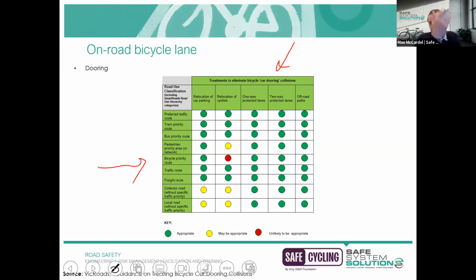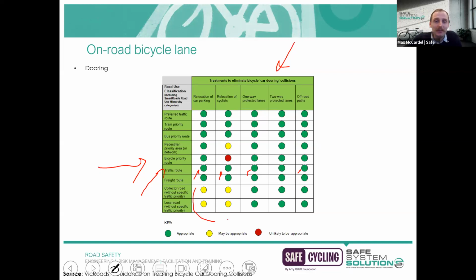And along the rows, we've got the strategic function of that network. So for instance, if it is a traffic route, anything from relocating car parking, relocating cyclists, protected lanes, off-road paths, that could be appropriate. It's worth investigating.